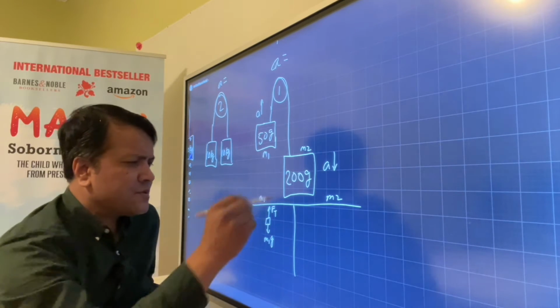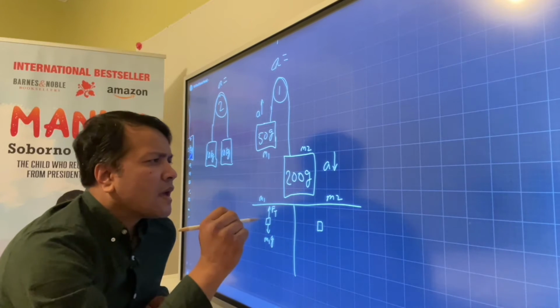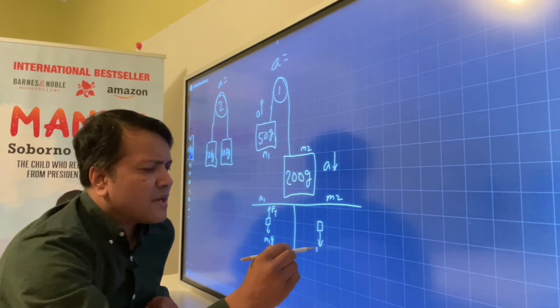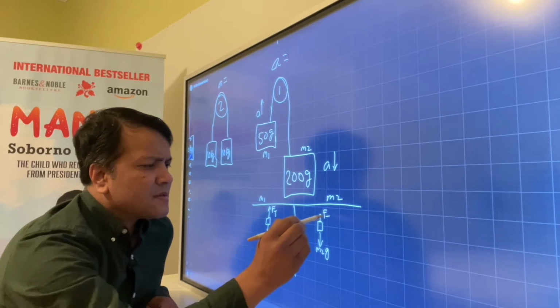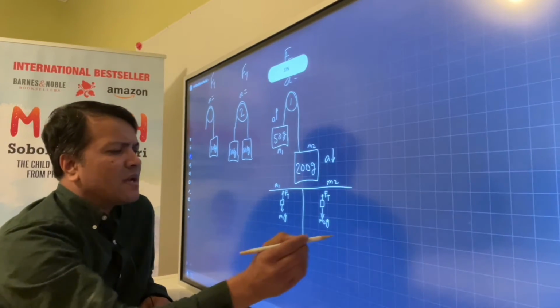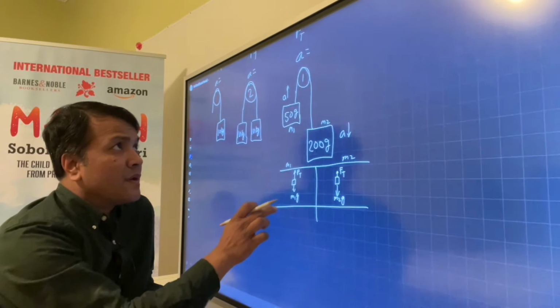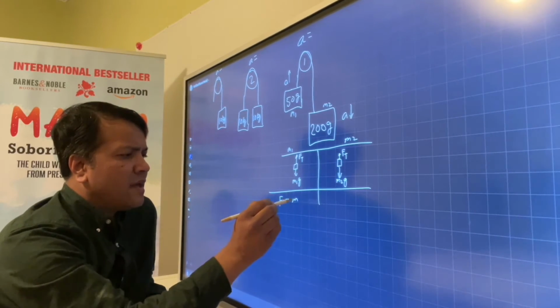All right, so let's do this one. The free body diagram for this one has to be bigger, so m2g, and Ft has to be smaller. Okay, now it's time to put Newton's second law. What do you know about Newton's second law? Newton's second law is, of course, F equal ma at what direction?